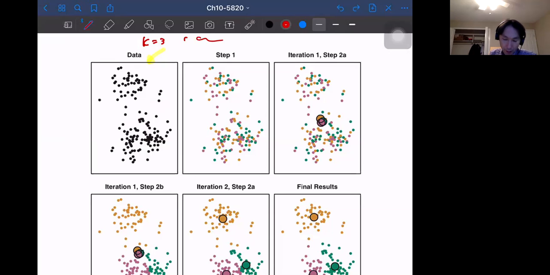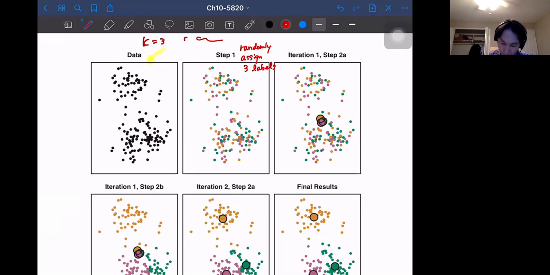So at first, we randomly assign the 3 groups. This is just setting the initial values. Three clusters. Then we calculate the mean of each cluster.